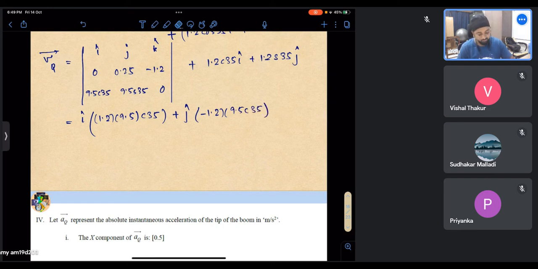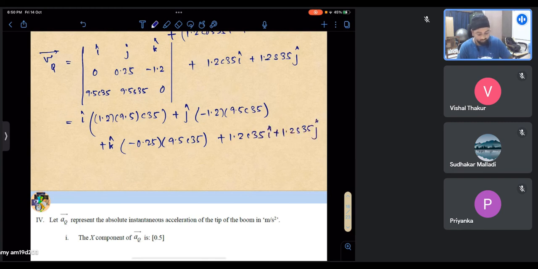The other one will go to 0, plus my k cap will be 0, and then this will be minus 0.25 into 9.5 cos 35 plus 1.2 cos 35 I plus 1.2 sin 35 j.